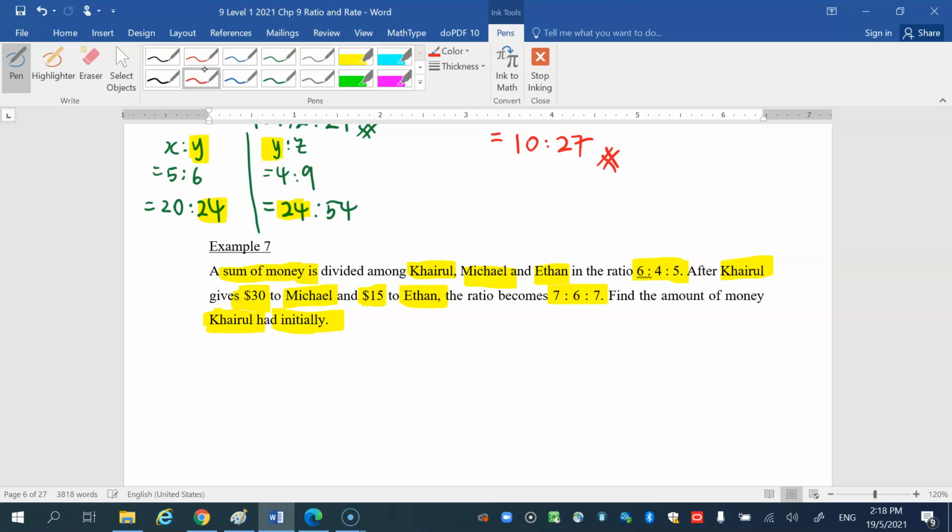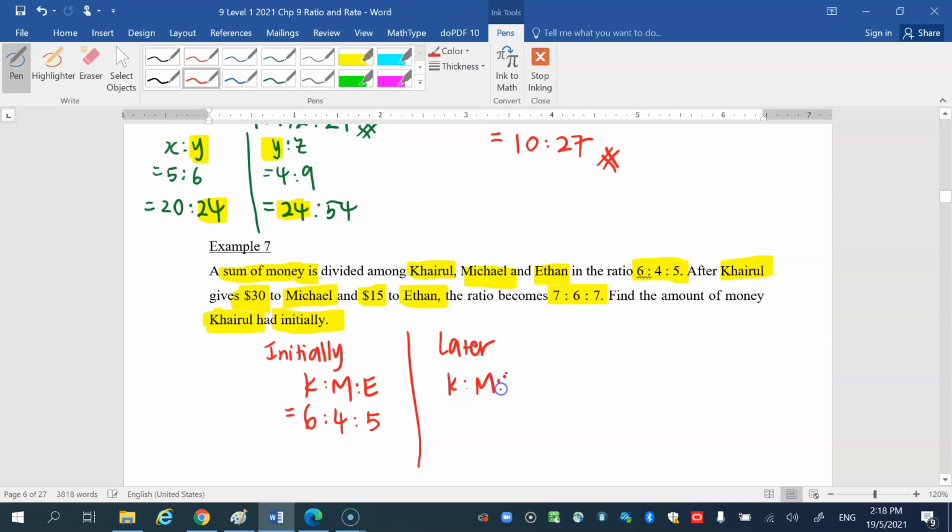So let's write it out in terms of a ratio. Initially, K is to M is to E is in the ratio of 6 is to 4 is to 5. Then later, after giving out the money, K is to M is to E became 7 is to 6 is to 7.